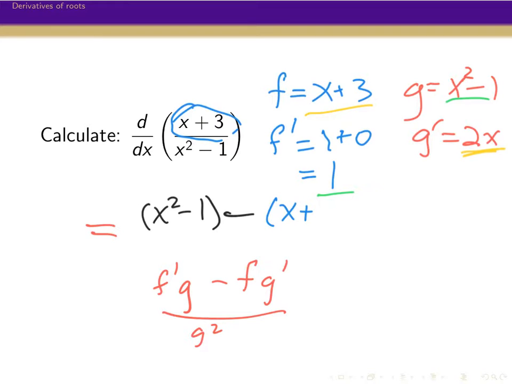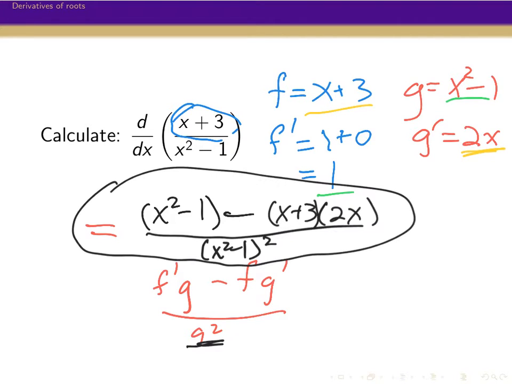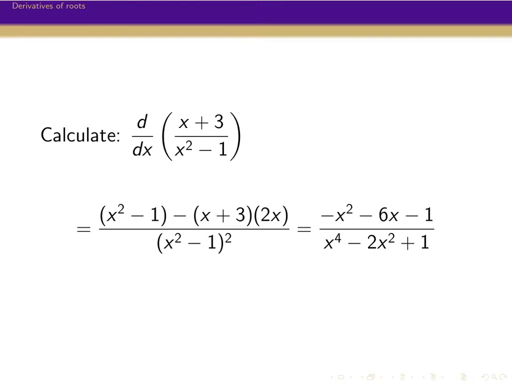Let's use the same color. Let's be consistent a little bit. So f times g prime, and then divide by g squared. So g is x squared minus 1, quantity squared. Okay. And so deep down, that's what the quotient rule is. Okay. Yep. So that's what I wrote there.